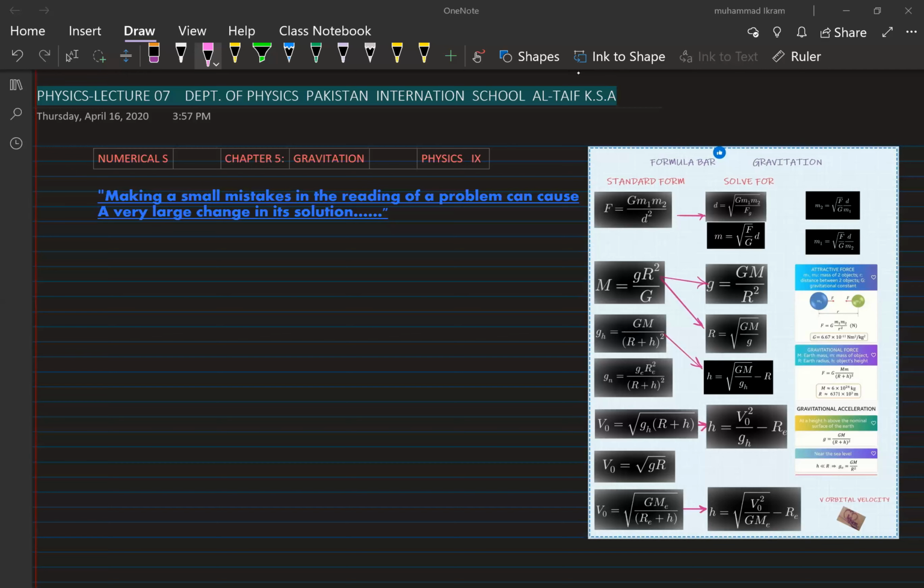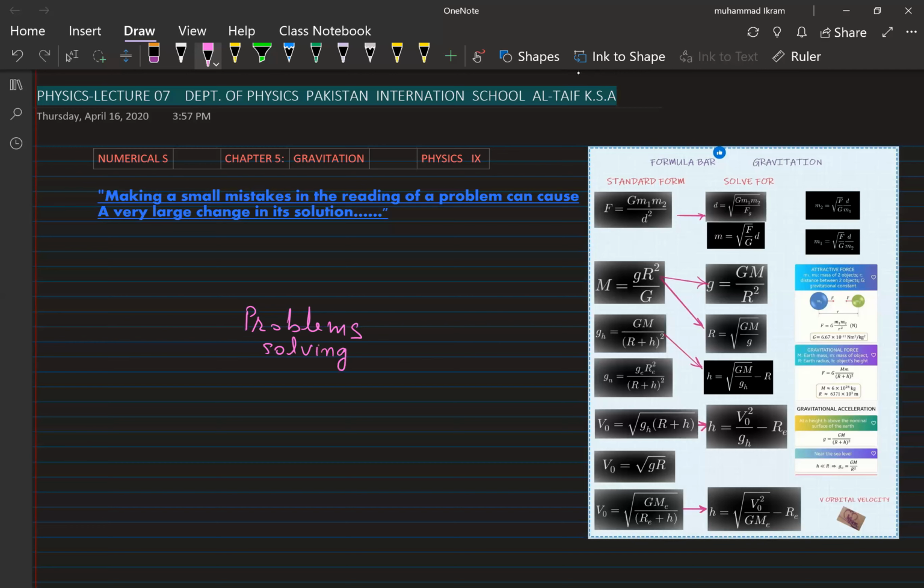So I would like to start from the problem solving strategy first. So let us start with the name of Allah Almighty. Bismillah ar-Rahman ar-Rahim. There are a few important steps which will help us develop our skills and techniques to solve a particular numerical, and that I would like to call the problem solving techniques.